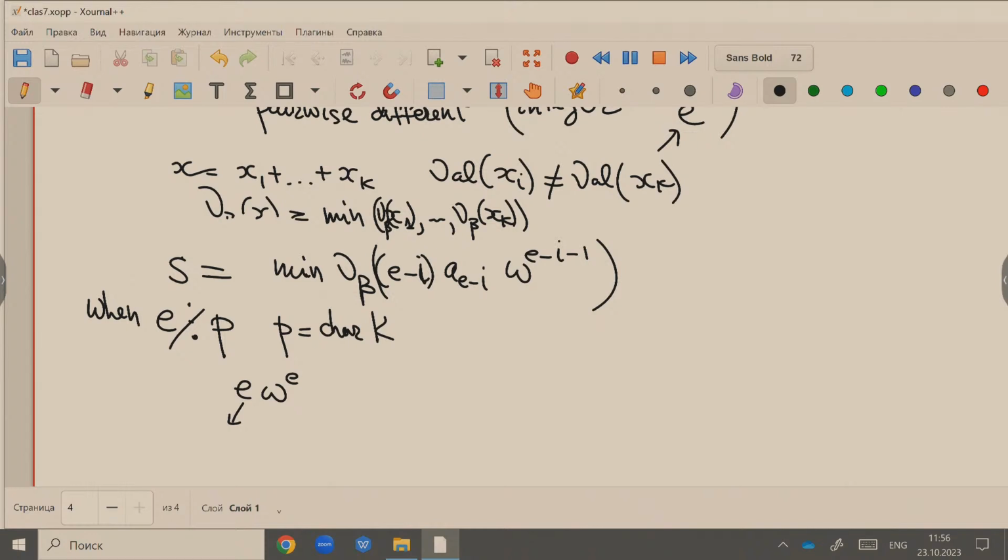So you are looking at the remaining terms, and to compare what is minimal, e is not divisible by P.